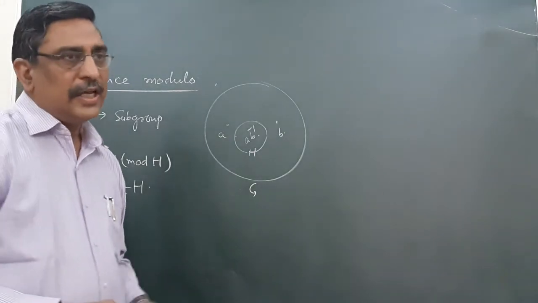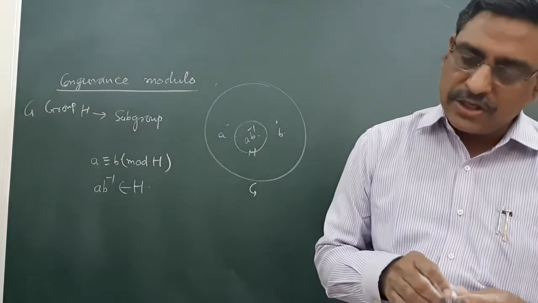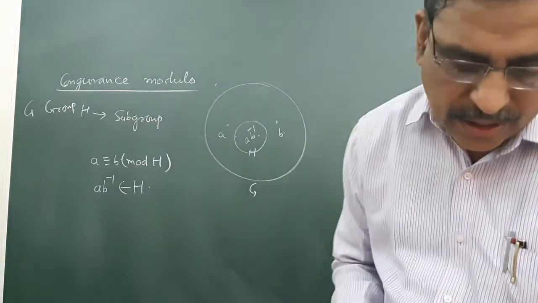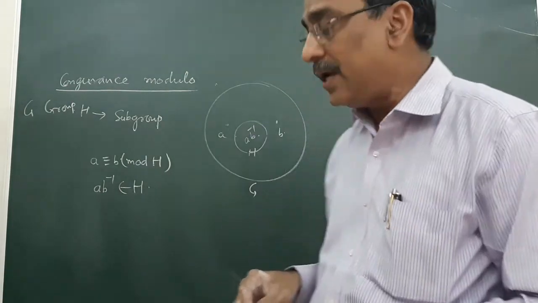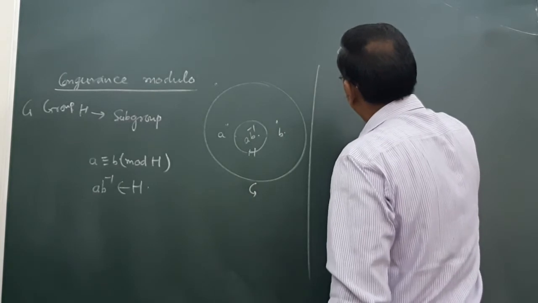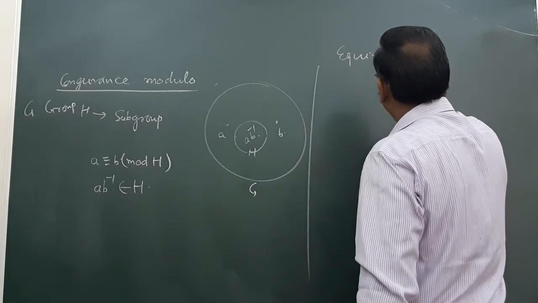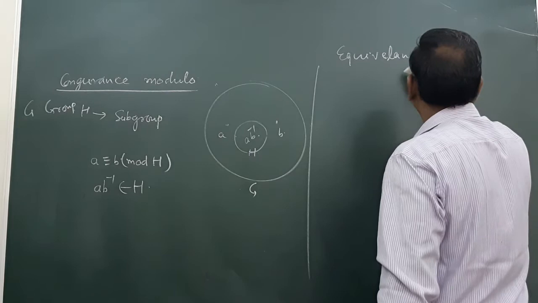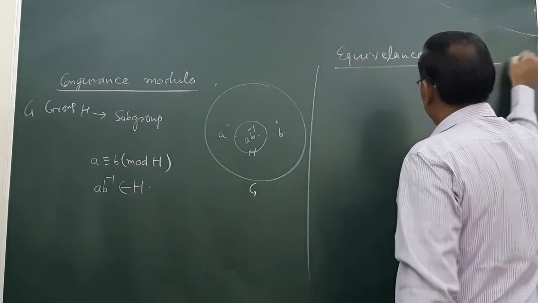Now, there is a theorem that the relation of congruence modulo in G is an equivalence relation. The relation of congruence in a group G defined in such a way will be an equivalence relation.